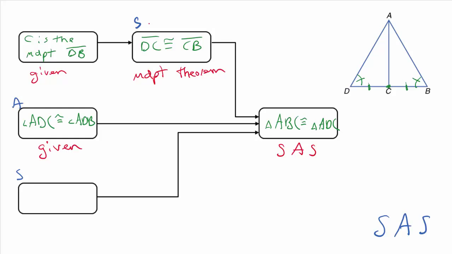So we've got S, we've got A, we need another pair of sides. Remember, this has to be the included angle. So if you look at our figure, the one that's left is AC congruent to itself. AC is congruent to itself, using again the reflexive property.